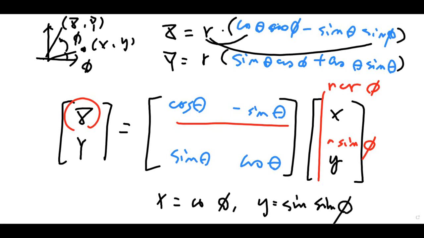You multiply this out, you get this one. So that proves the rotation matrix.